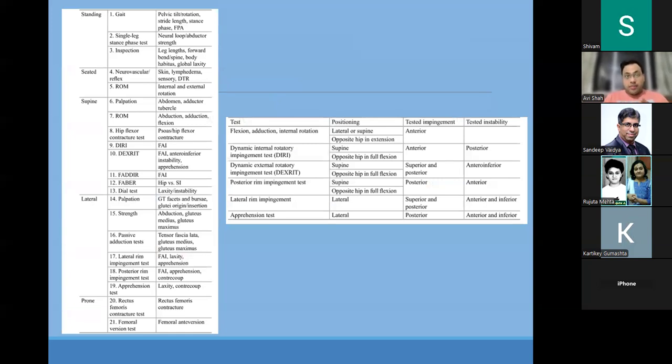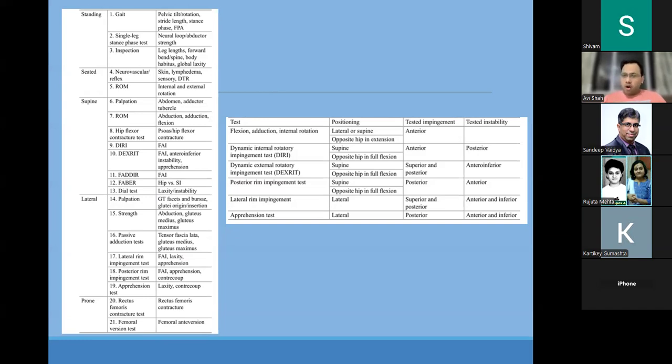So this is a table which is almost like a 21 step examination, if you really want to go into the details of every test that we have gone through a little bit right now. And the other table tells us what test gives us what kind of inference, and what type of impingement it tests for.